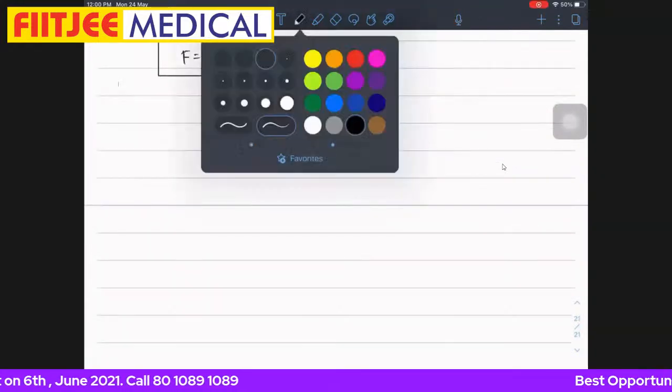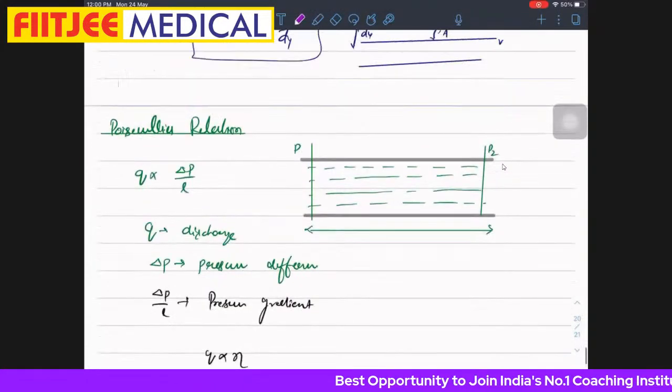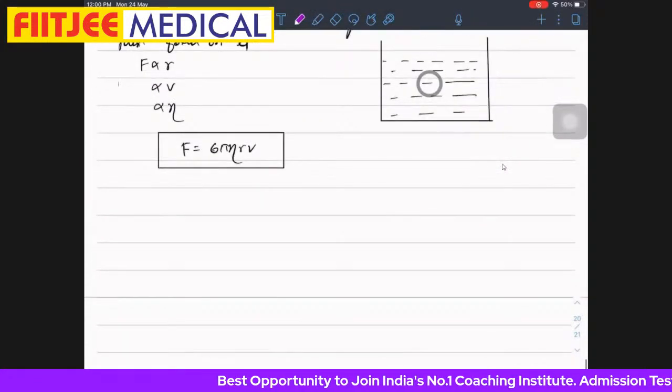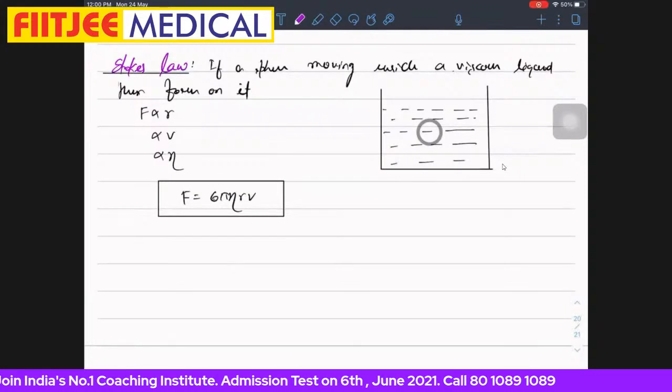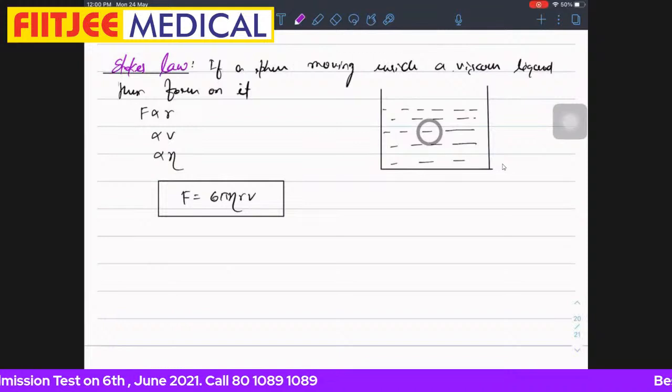Now after this, we combine Stokes law and the buoyancy force. Try to think, if I drop a sphere in a liquid with zero velocity, and its density is more, what will happen?